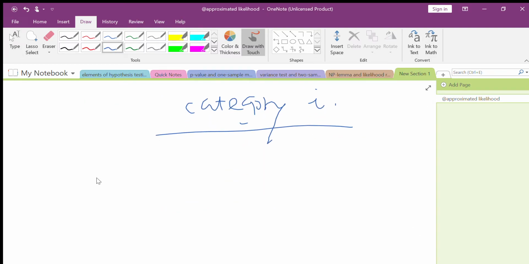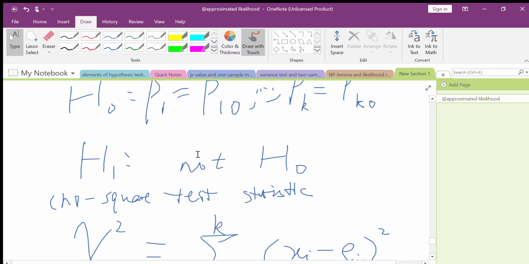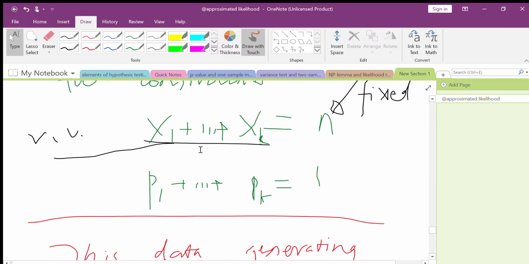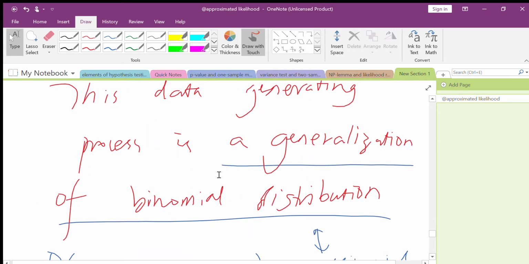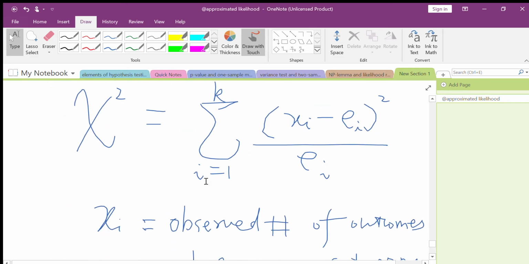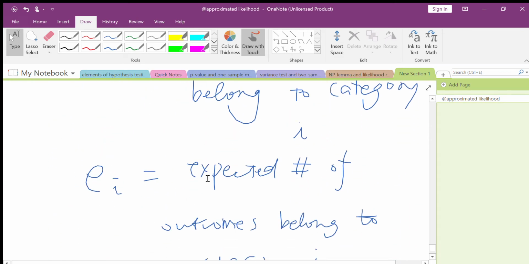And ei is just n p. Here n is the summation of all xi, so n is fixed. The summation of the random variables is fixed to n, so for their realizations, the summation is also n. So n is the summation of small x1 all the way to small xk.